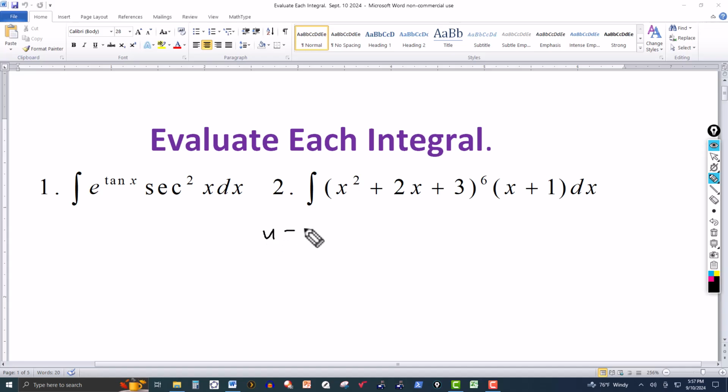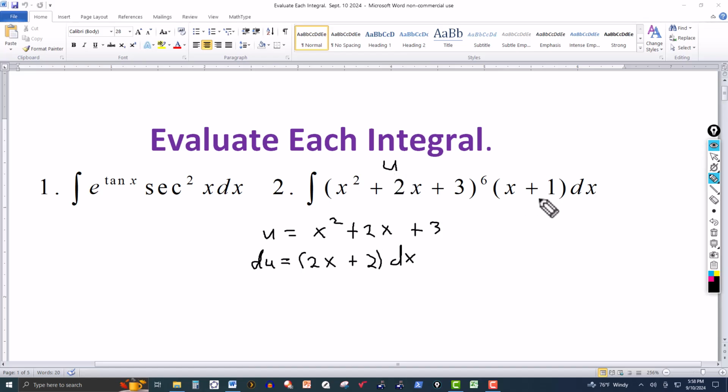I'll let u equal x squared plus 2x plus 3, because then du would equal the derivative of this, which is 2x plus 2, since the derivative of 2x is 2 and the derivative of a constant is 0, and then I multiply this by dx. So I'm trying to transform this integral to the variable u. Well, I know that u is this, based on the substitution, so this is going to be u right here.